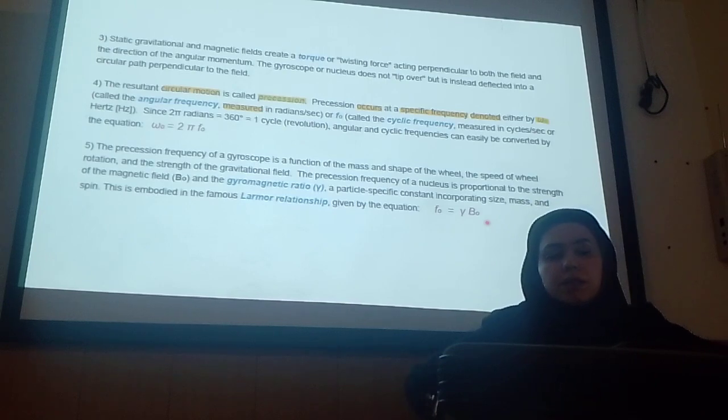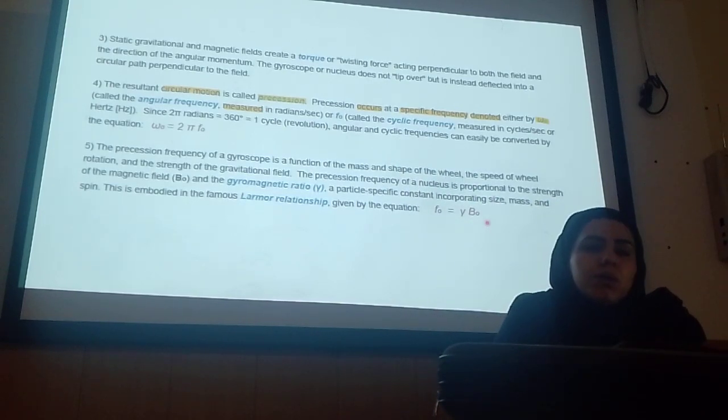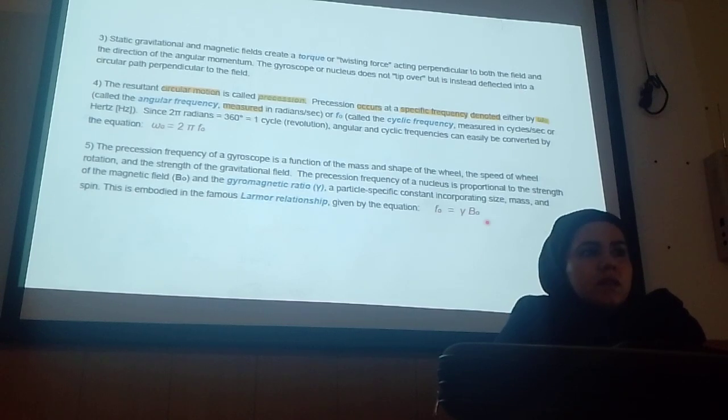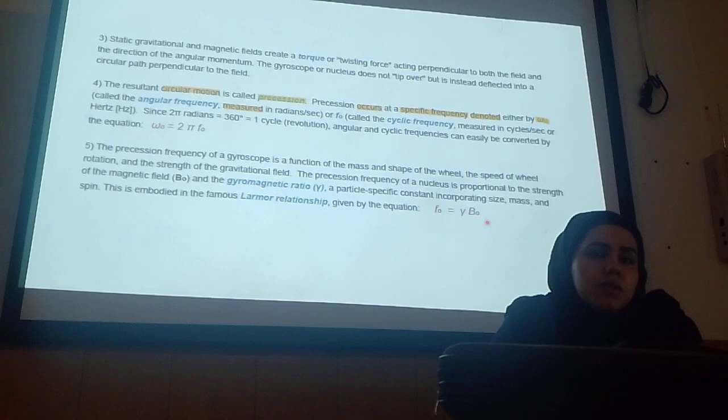Currently we are using 3 Tesla MRI, so you can multiply 3 Tesla by the gyromagnetic ratio of, for example, carbon or hydrogen. Definitely hydrogen. We are using hydrogen MRI.